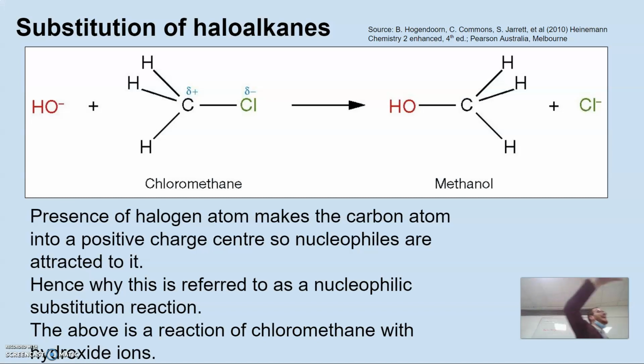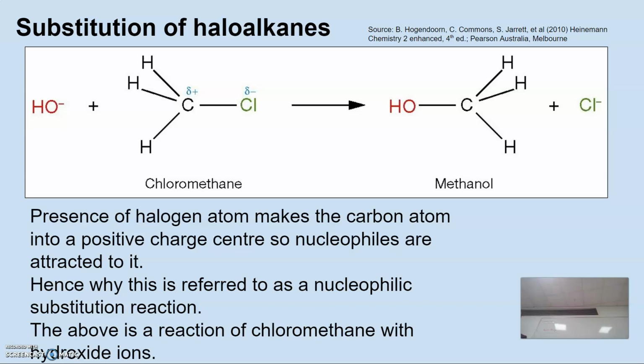Now, if we take that haloalkane and introduce a nucleophile, we get what's called a nucleophilic substitution, right? Chlorine, or halogens in general, chlorine in particular, is known as what's called a good leaving group. What does the word leaving mean? To leave, yeah, to get out, right?